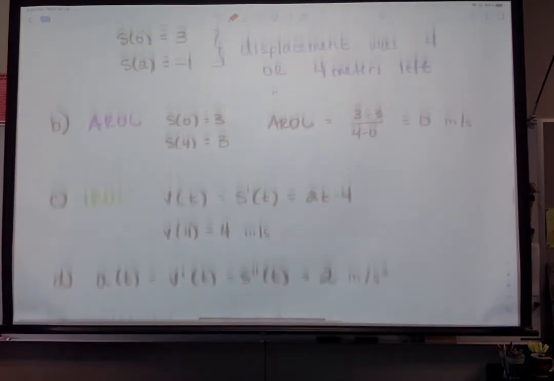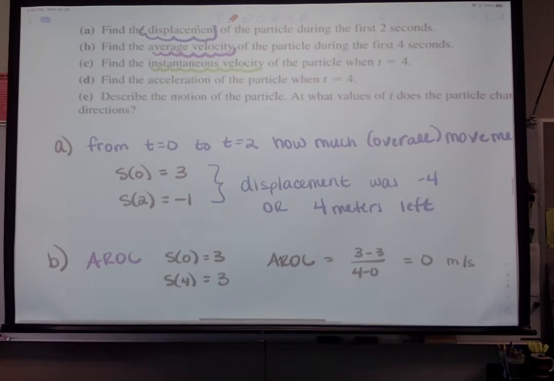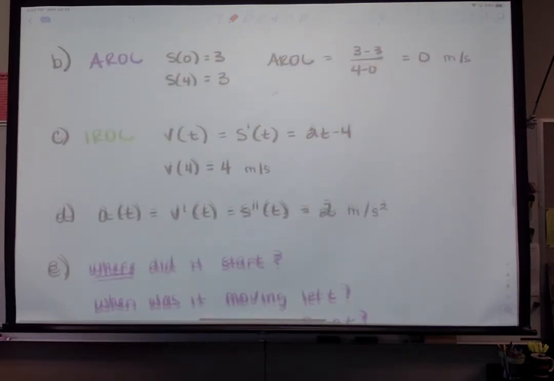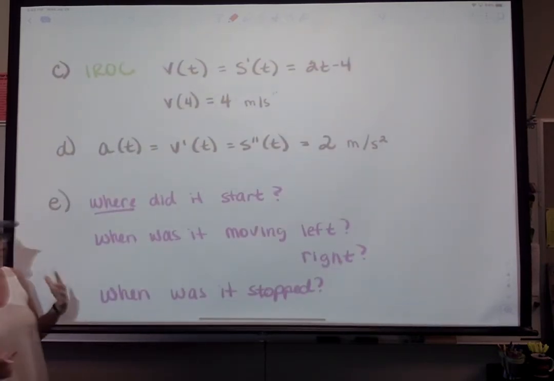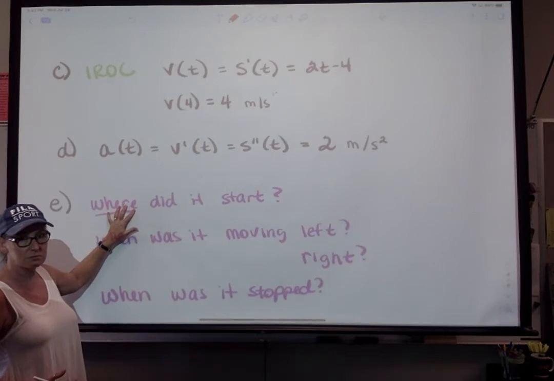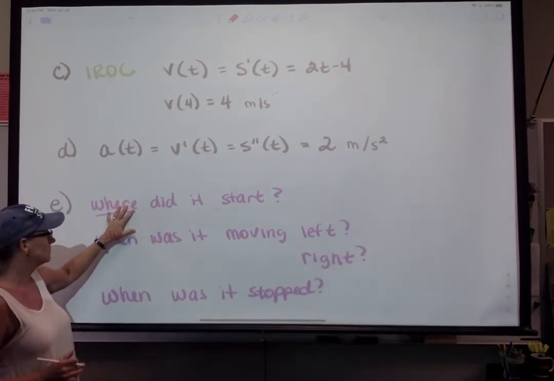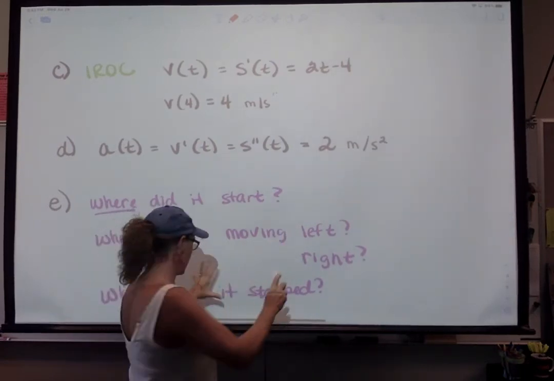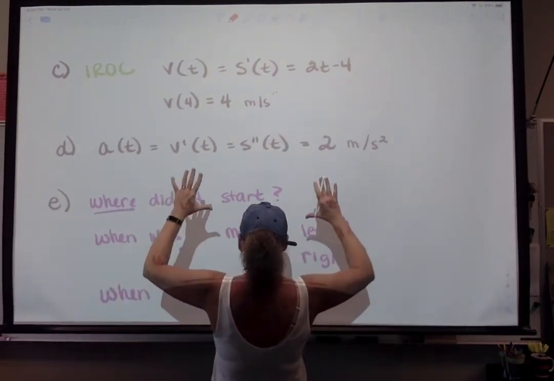And E asks, describe the motion of the particle. When does the particle change directions? Okay, so here's what this is asking. Describe the motion. Where did it start, like position? When was it moving to the left? Think about a number line.